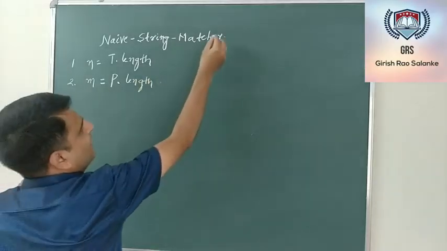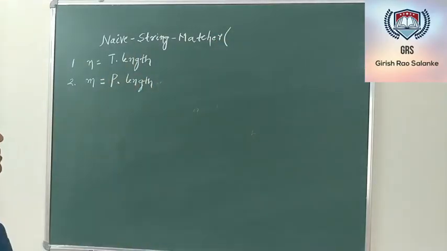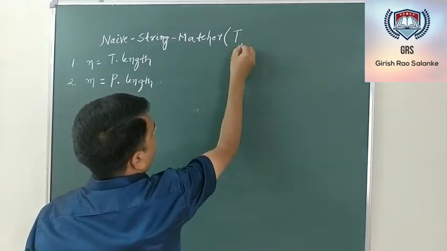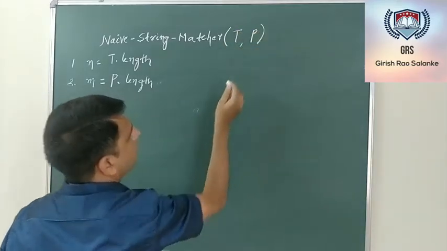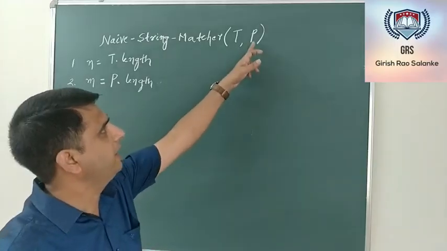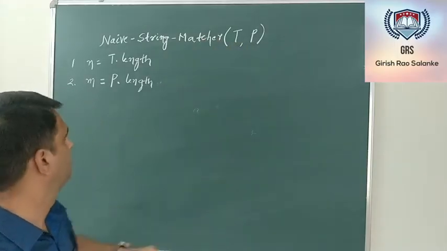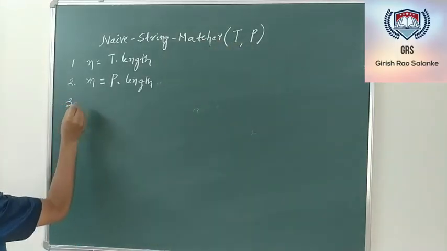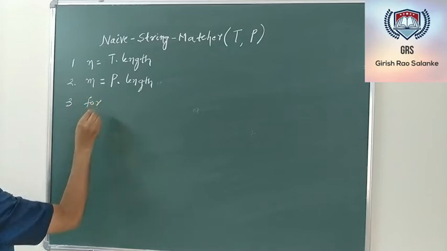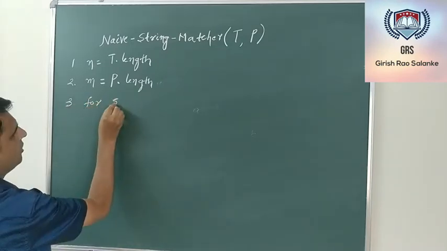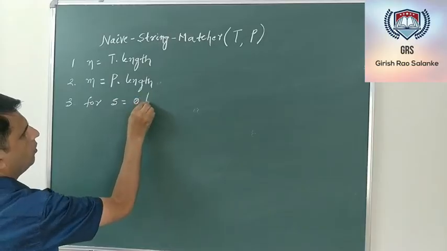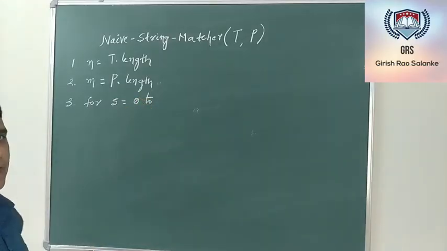So with this, what is the input to the algorithm? There are two inputs. One input is the text and the second input is the pattern. What was the objective? Objective was to find whether the pattern is there in the text or not. Third step would be for s is equal to 0 to, this is nothing but the number of iterations.